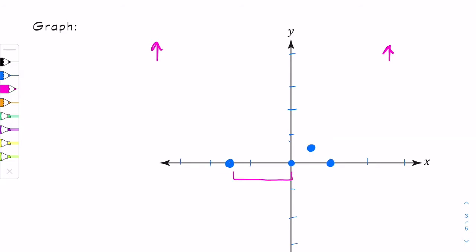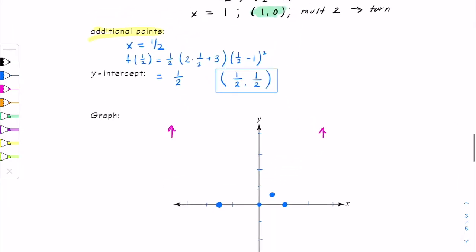x-intercepts. So I'm going to test when x equals -1. That's right here. If x equals -1, I substitute this into my original equation, and I have -1 multiplied by 2 times -1 plus 3 multiplied by -1 minus 1 squared.